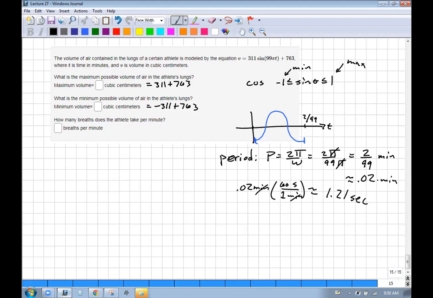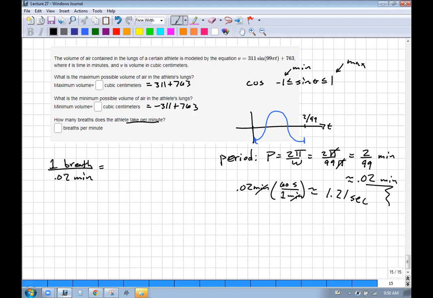So if they want it in per minute, we have 1 breath for every 0.02 minutes, okay? Because the period is 0.02 minutes. But they want us to know what breaths per minute this is. That's the right units.